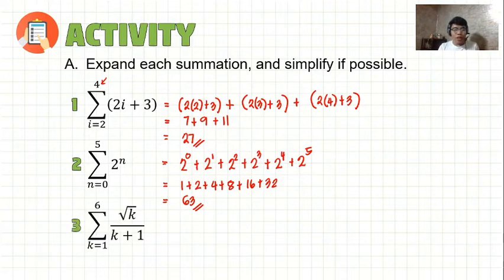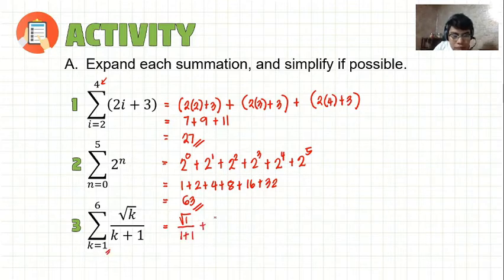Now, for number 3, we have the summation of the square root of k all over the quantity k plus 1, where k runs from 1 to 6. So, we will just substitute again. Our variable here is k. Okay, so we will now have the square root of 1 over 1 plus 1, because we will start at 1.